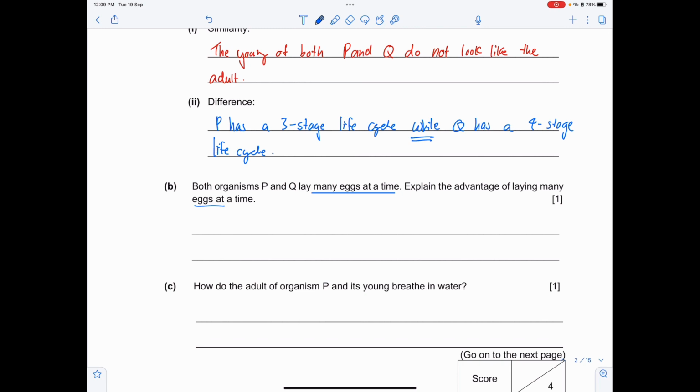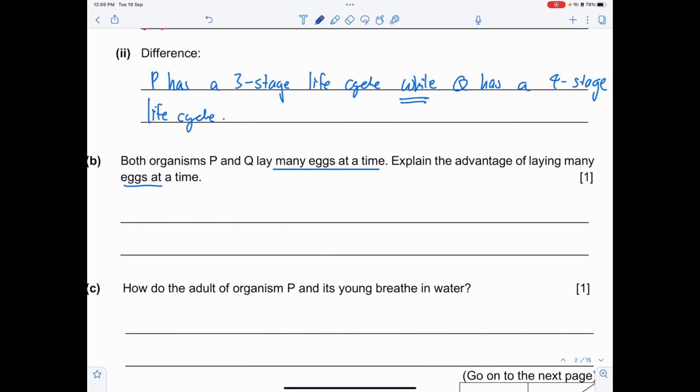What you meant to say is that even if some of the organisms P and Q eggs get eaten by the predators, there is still some that will be left to continue the life cycle. It becomes adult and continues the life cycle.